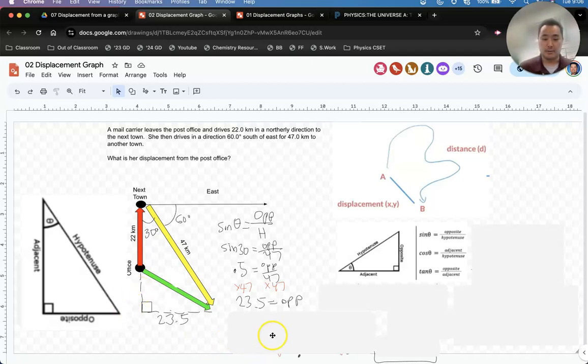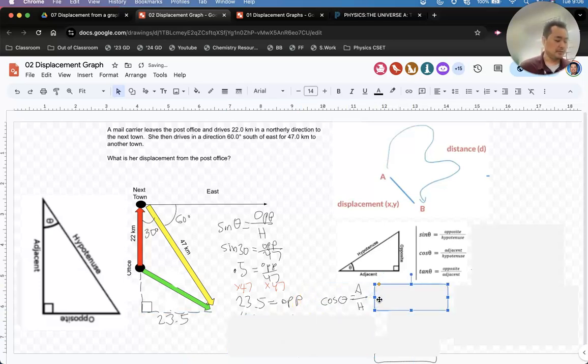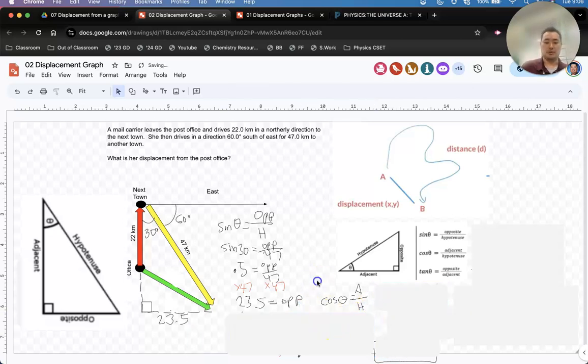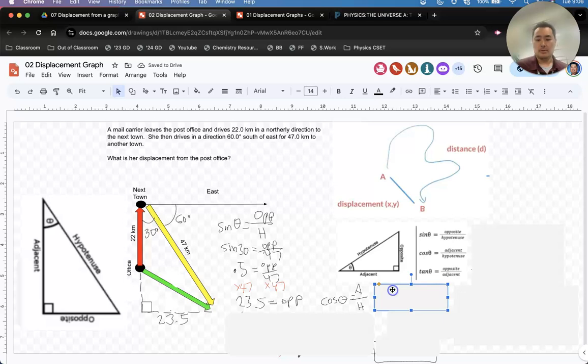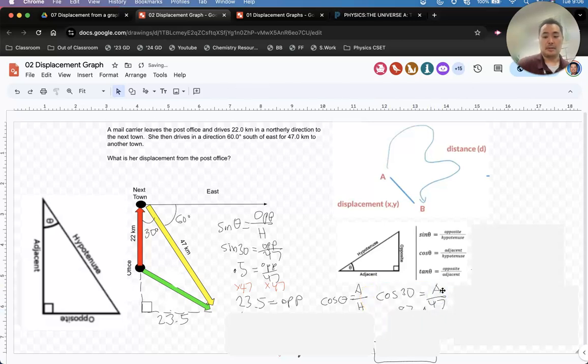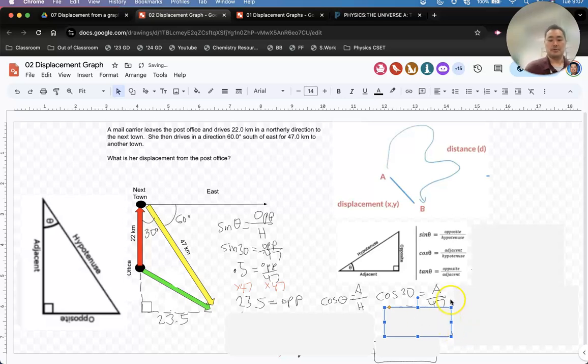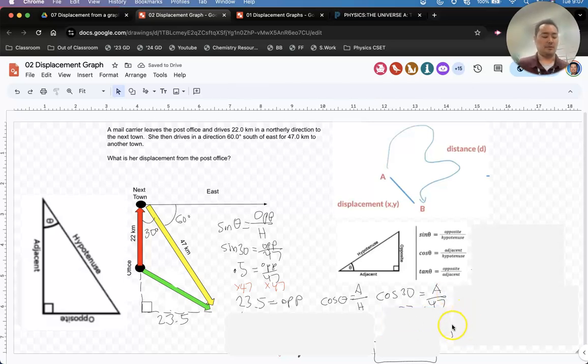Adjacent over hypotenuse is cosine theta. Theta is 30. So it'll be cosine 30 equals adjacent. We know part of it, so we'll use that known part later. But we need to find the length of the whole adjacent. So it's going to be cosine 30 equals adjacent over 47.